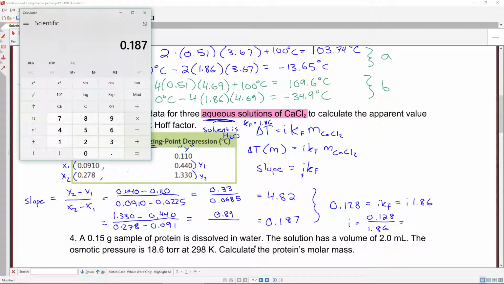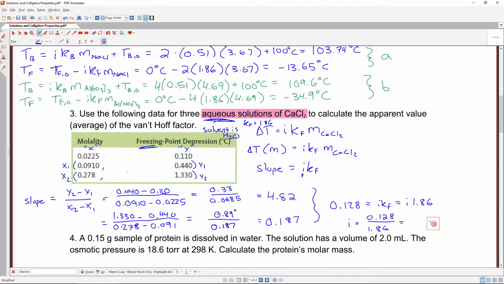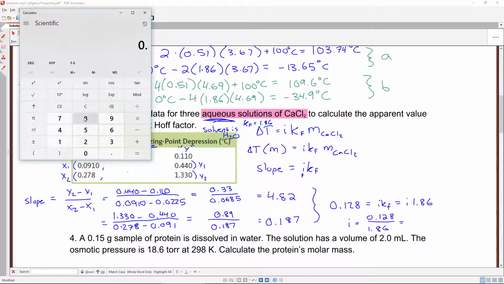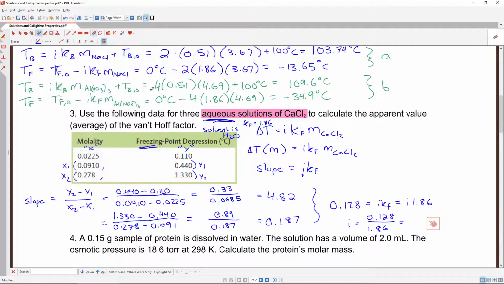Okay, cool. 0.187. Right, so 0.89 divided by 0.187. Cool. 4.75. There we go. Those are much closer together. 4.75. Erase, erase. Cool, so let's erase this and erase that.